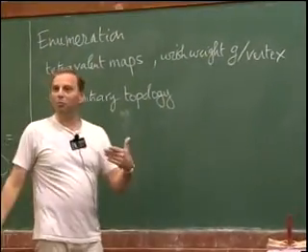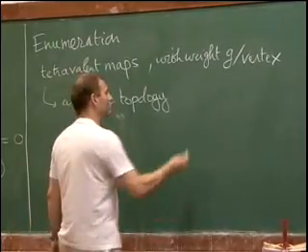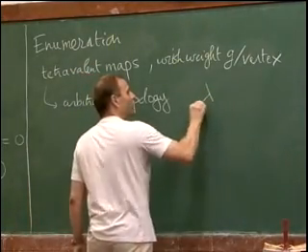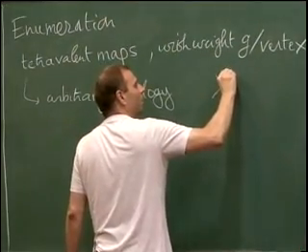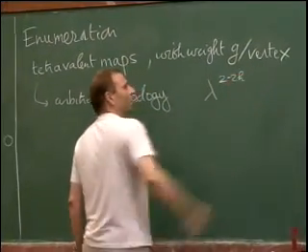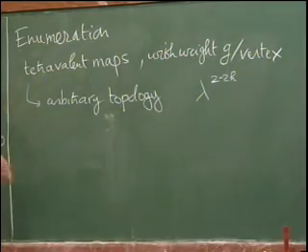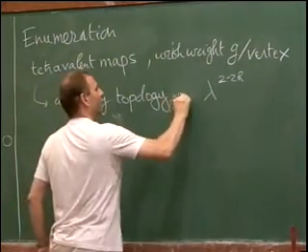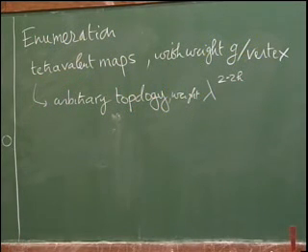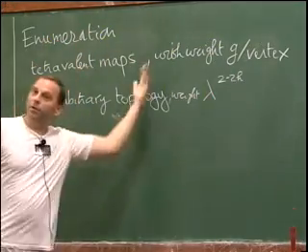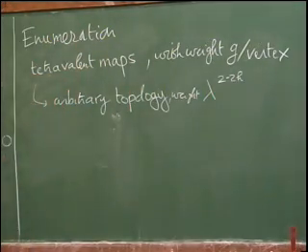But I would like, of course, to be able also to keep track of that topology. So let's say a parameter lambda to the Euler characteristic, so to the power 2 minus 2h. So again, weight, where h is the genus of a minimal embedding of a corresponding map. Okay?